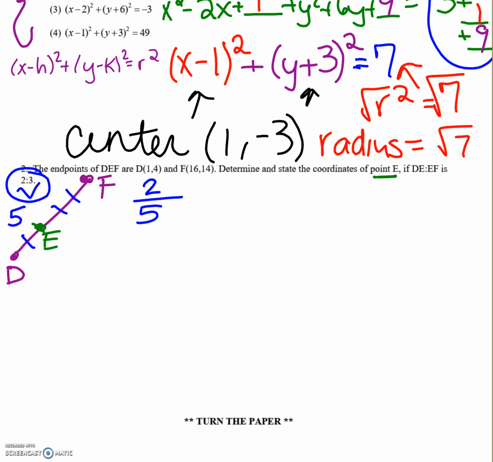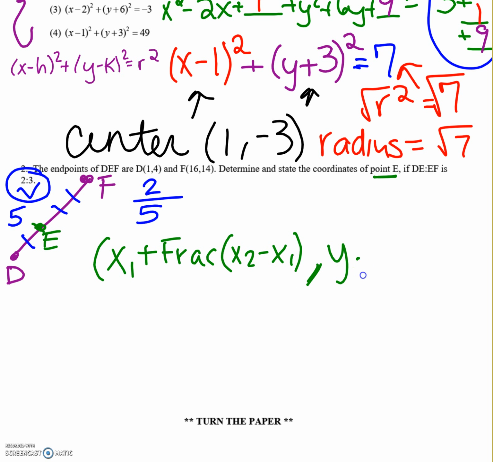Okay, from here, we're going to take that and fill that into our formula. Our original x1 plus fraction of the way times the difference of my x coordinates, comma, y1 plus fraction of the way times the difference of my y coordinates.